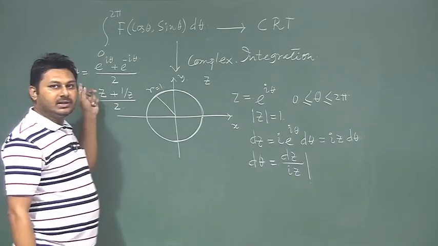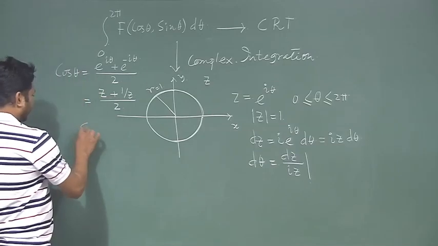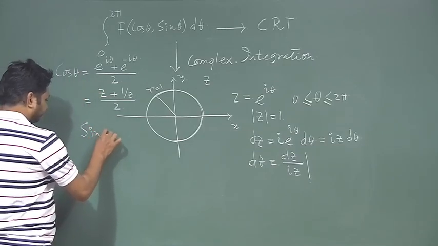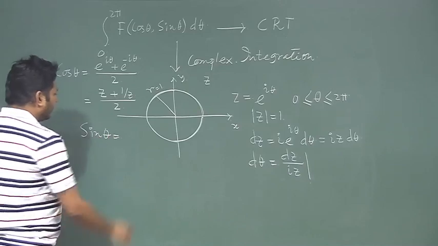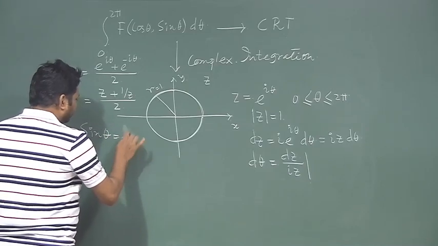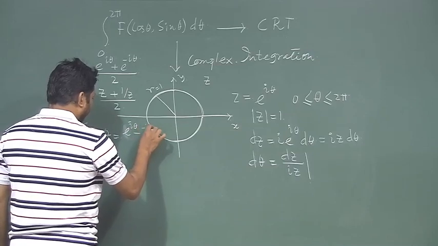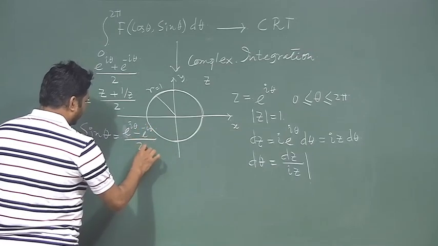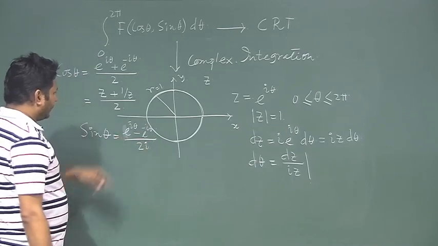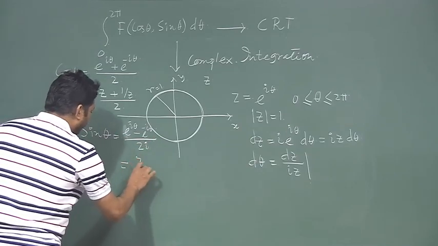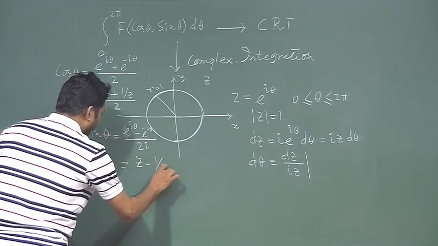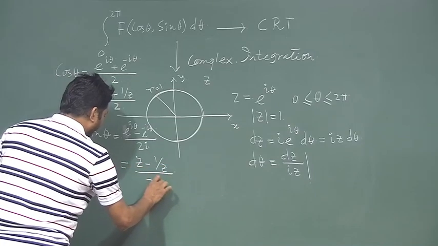So, my variable theta is now replaced by z, and sin theta is e to the power i theta minus e to the power of minus i theta divided by 2i. So, that means it will be z minus 1 by z divided by 2i.